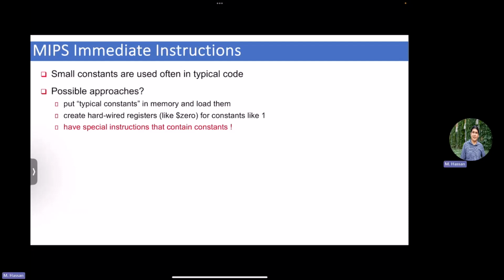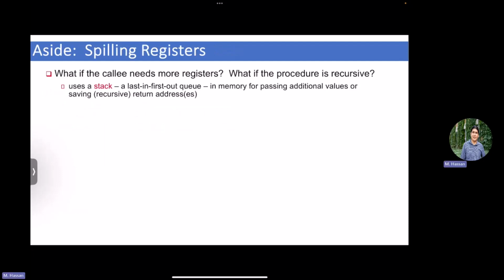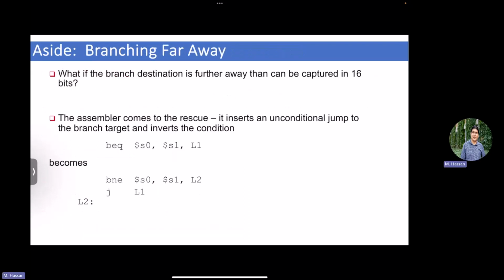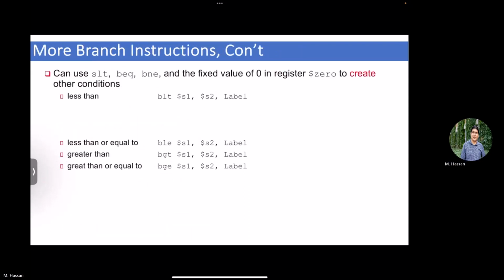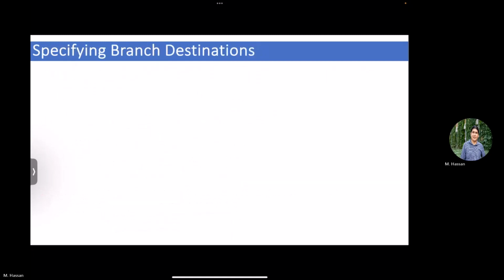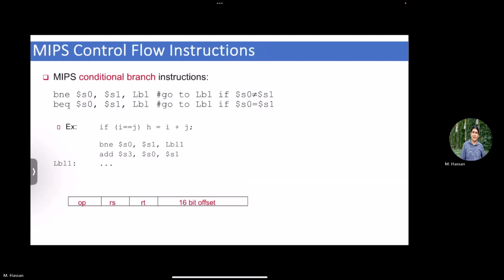From where do you obtain that address? The instruction itself, right? If I go back to where we had the conditional branches, here, for example, this is the conditional branch format.